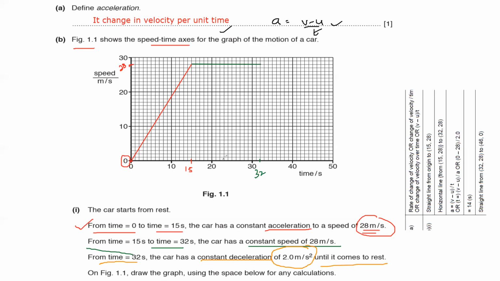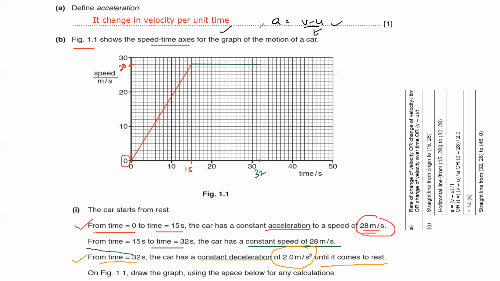So basically, when something is decelerating and stops, we'll draw a line like this. But one more thing we have to do is find the time, how much time it will take to stop.